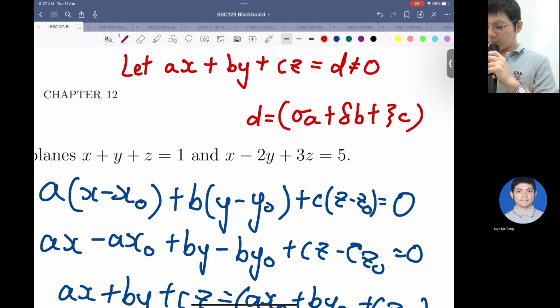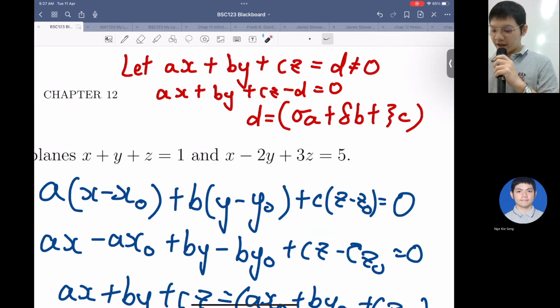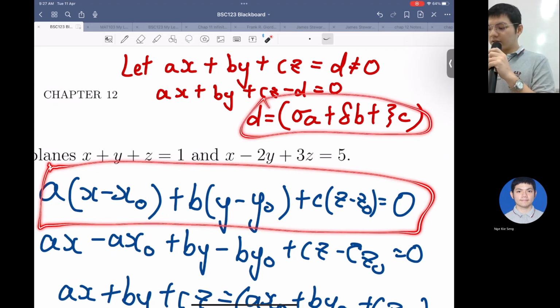Again, let's say we have this combination. Then we can move d to the other side, and then I do factorization. So now we can find the point. If we are able to make it back to this form, then we can find the point x naught, y naught, z naught. So this is an easy case.